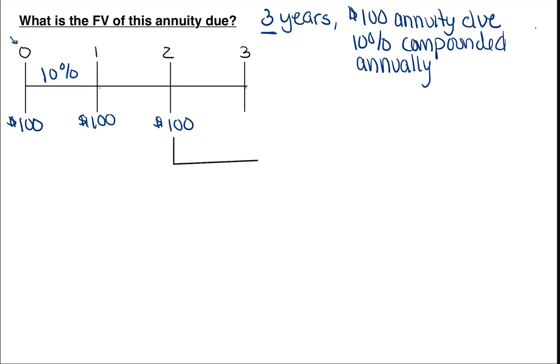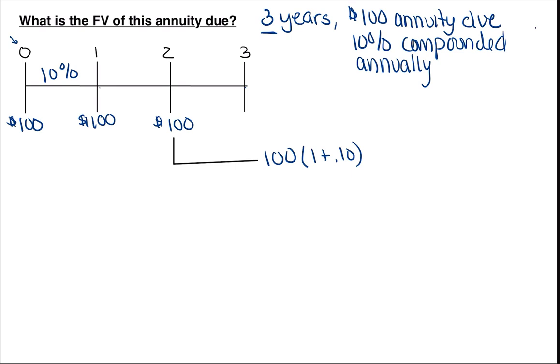So again, when I calculate future value, I'm taking the present value, so 100, and then it is 1 plus the rate, which is 10%. And then my power is going to be how many compounding periods to go. How many are left?